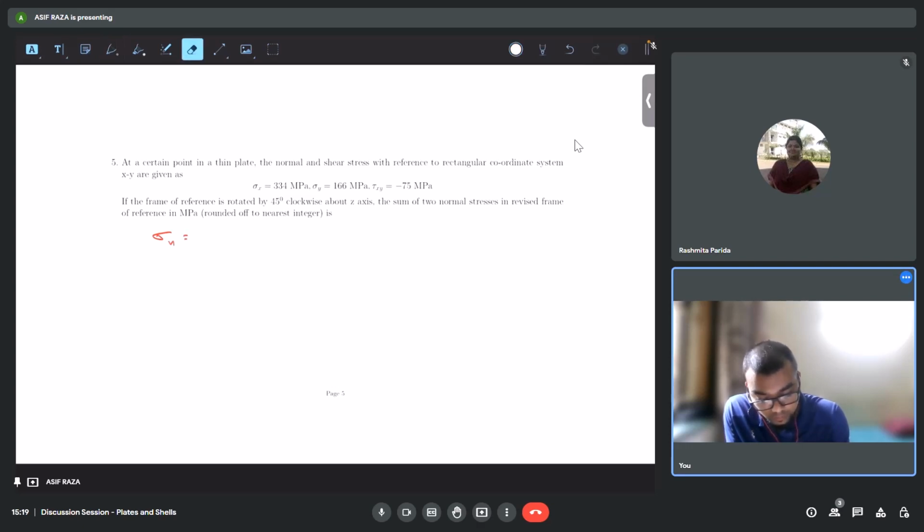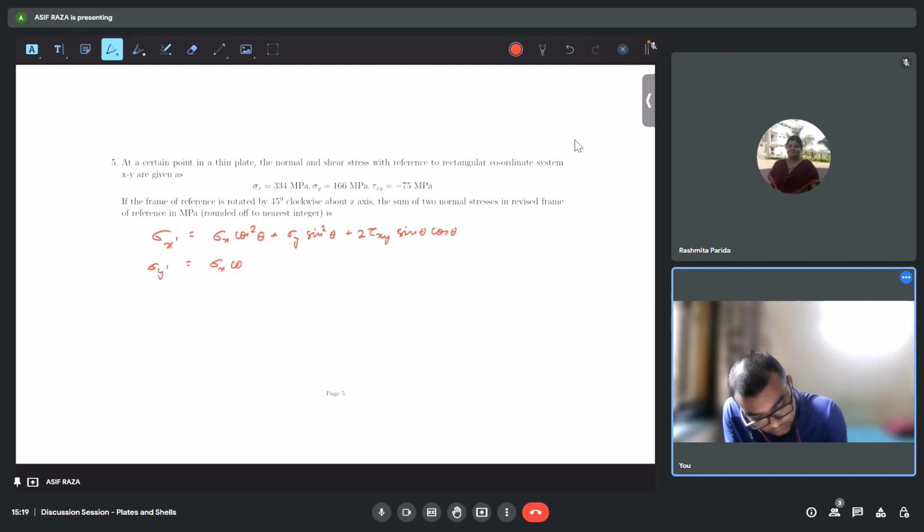We know sigma x dash is equal to sigma x cos square theta plus sigma y sin square theta plus 2 tau xy sin theta cos theta, and sigma y dash is sigma x sin square theta plus sigma y cos square theta minus 2 tau xy sin theta cos theta.